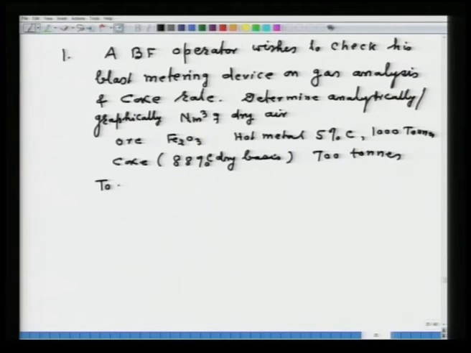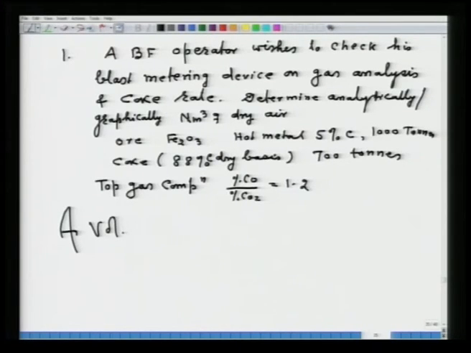Top gas composition is percent CO upon percent CO2 is given to you as 1.2. So, this is one particular problem you can try to calculate, and the answer will be 2.3 into 10 to the power 6 meter cube.